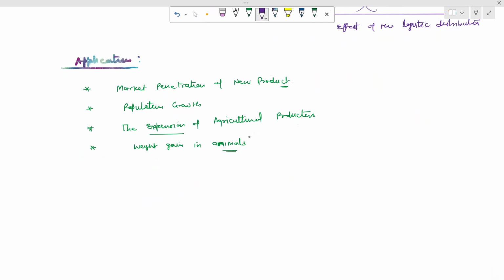Now, अब इसके बाद हम चलते हैं logistic reliability function.